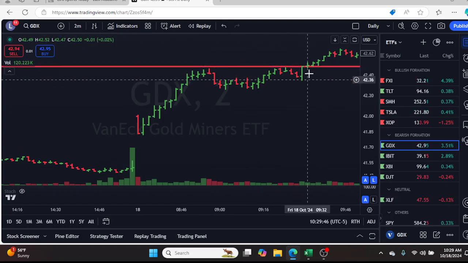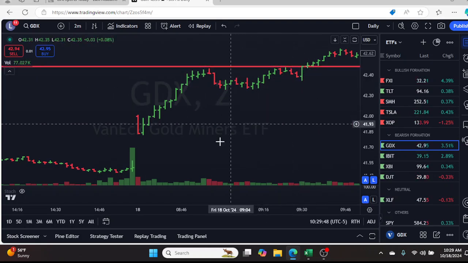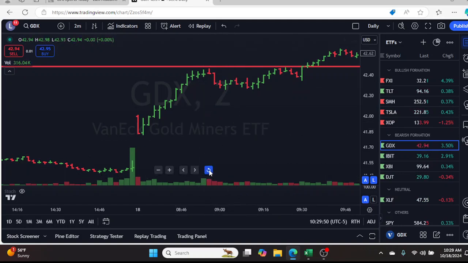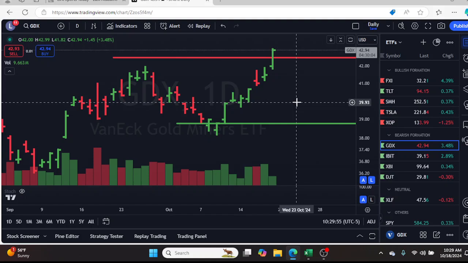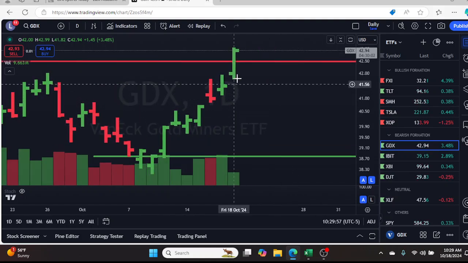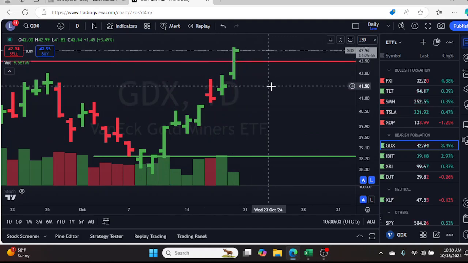So I stopped out at 42.47, and let's go back and look at the daily, and now it's sitting at 42.94. So I stopped out at 47, somewhere in here where that red line is, and it's at 42.94.